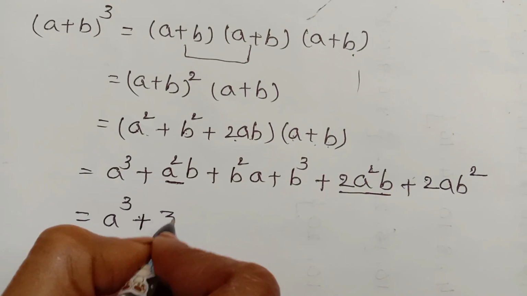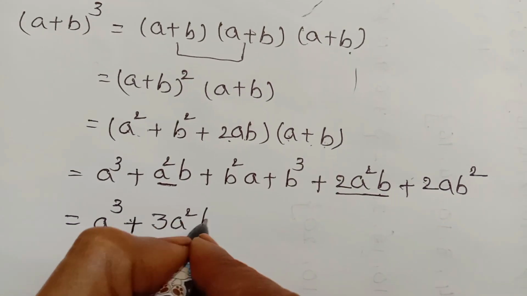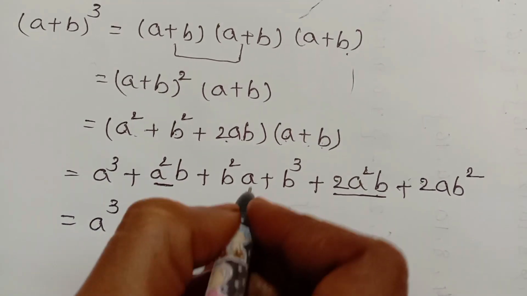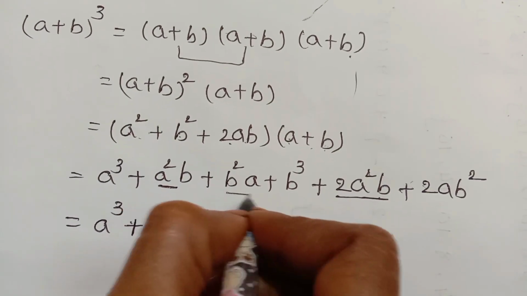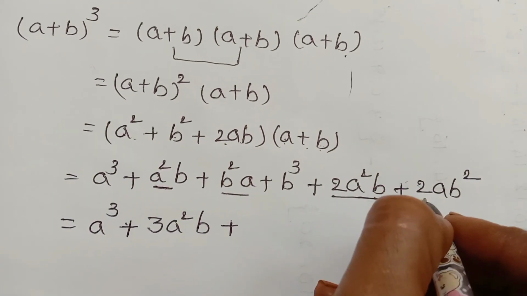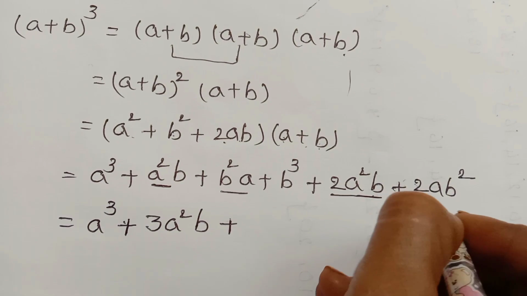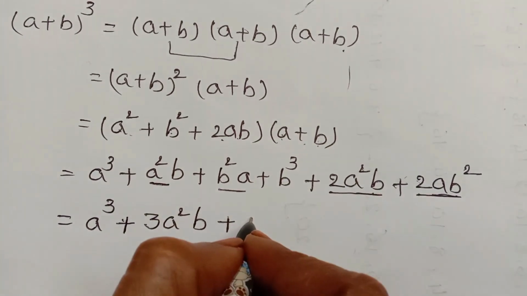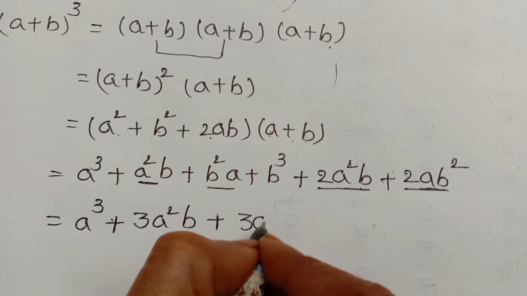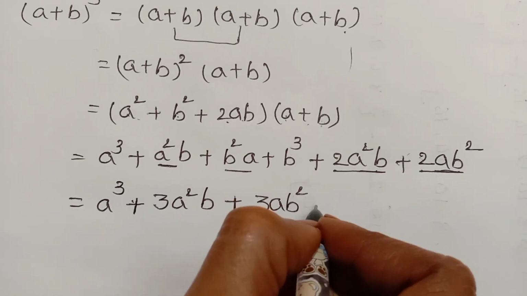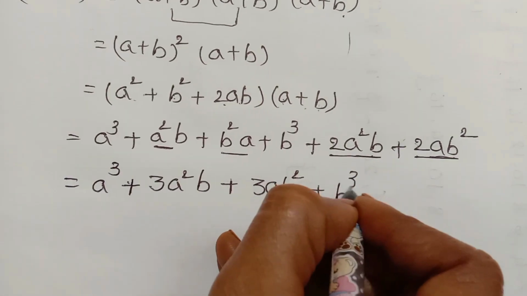Total 3a square b plus b square a plus 2b square a, 3a b square, plus b cubed.